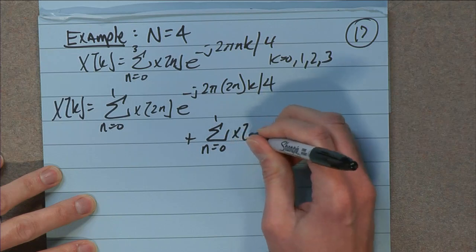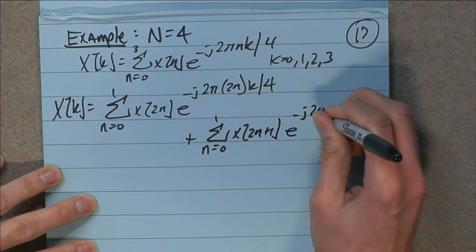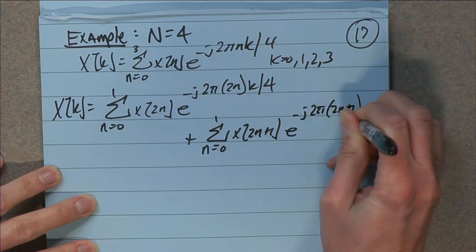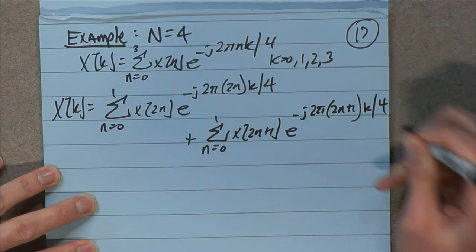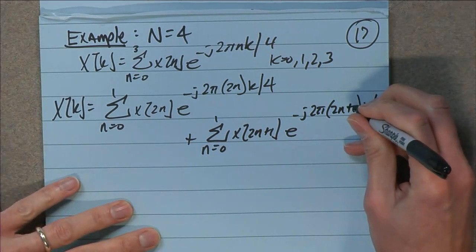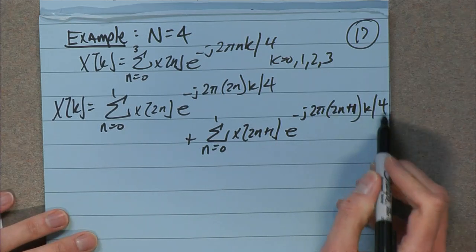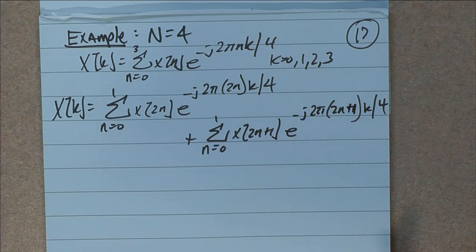And this was x of 2n plus 1, 2 pi, 2n plus 1 times k over 4. So we'll do the same trick that we did last time. Move the 2 into the denominator to make it look like an n over 2 point DFT.